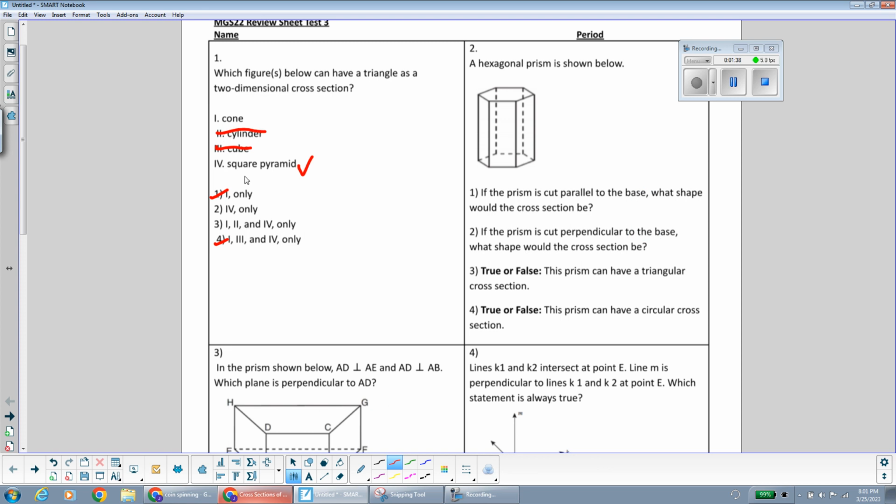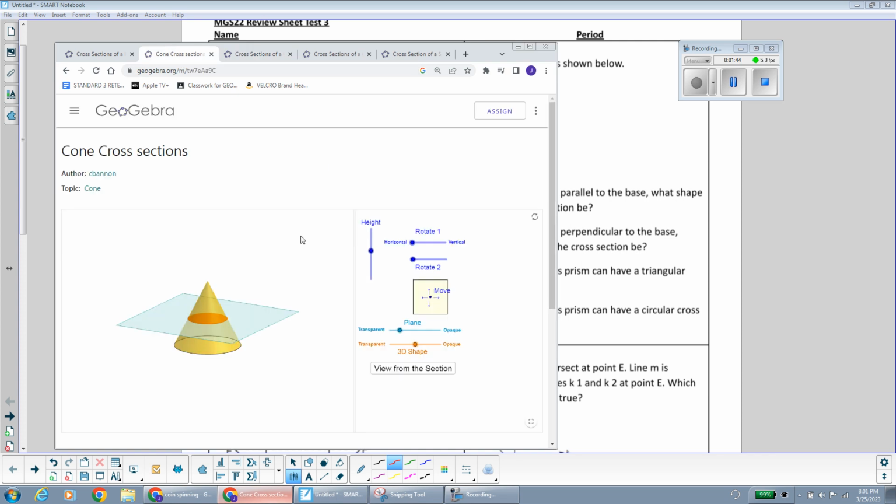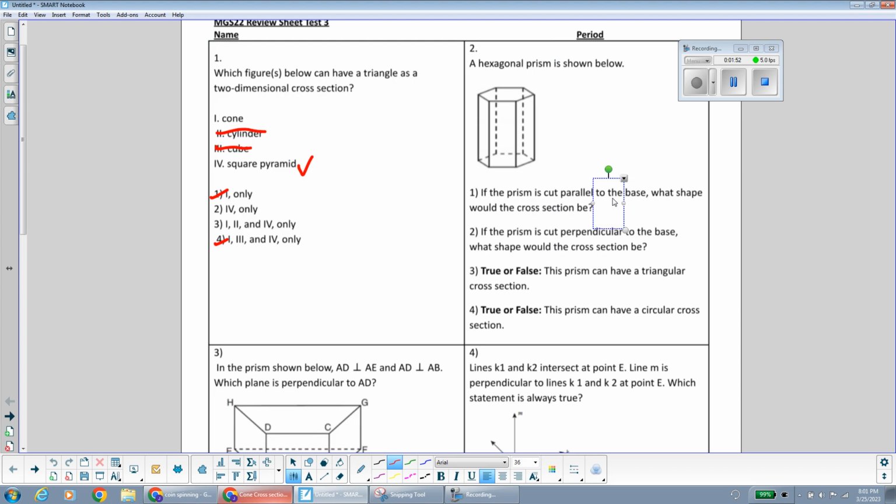Okay. How about a cone? Let's check that out. There we go. We can definitely get a cross section from a cone. So 1 is all good.